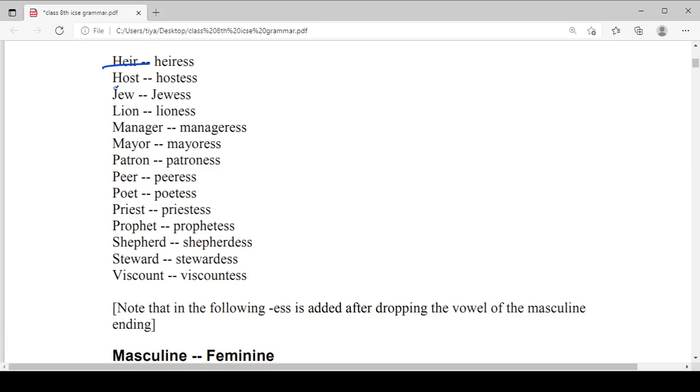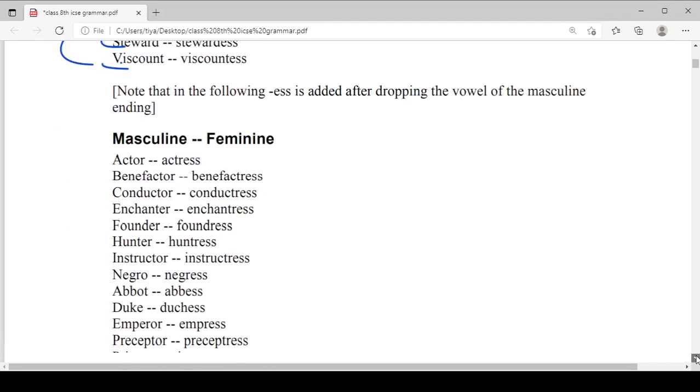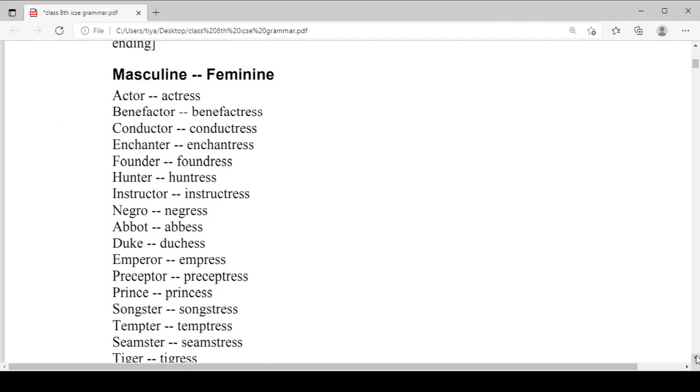Here: host, hostess; Jew, Jewess; lion, lioness; manager, manageress; mayor, mayoress; patron, patroness; peer, peeress; poet, poetess; priest, priestess; prophet, prophetess. So in this way, we have many. You can easily learn and read this list.